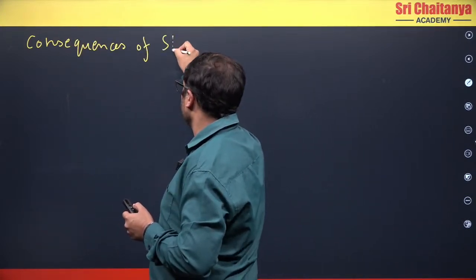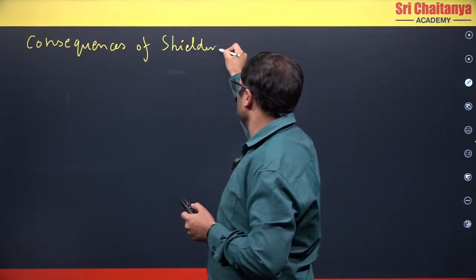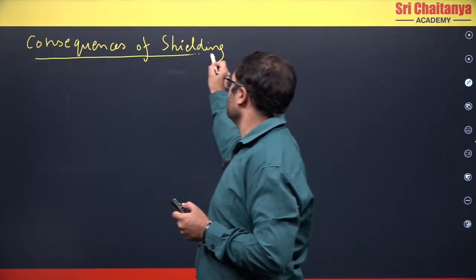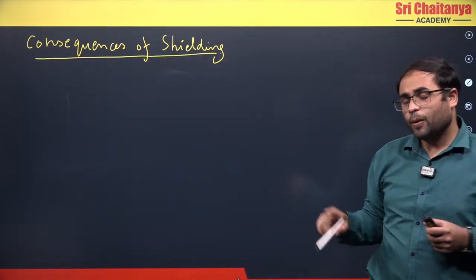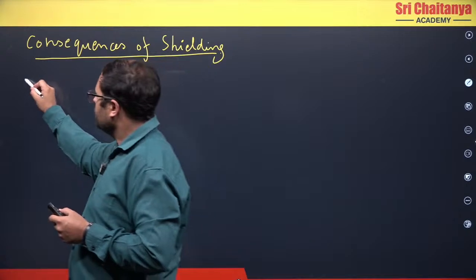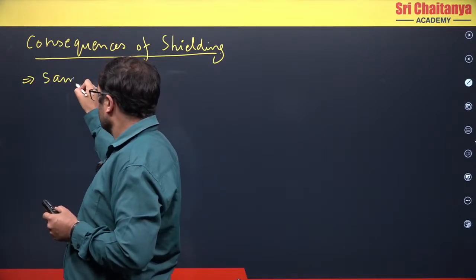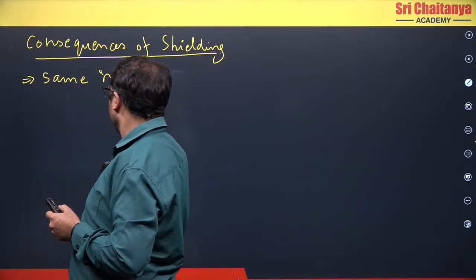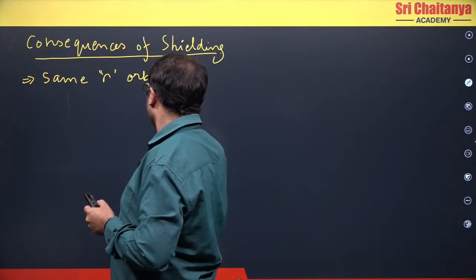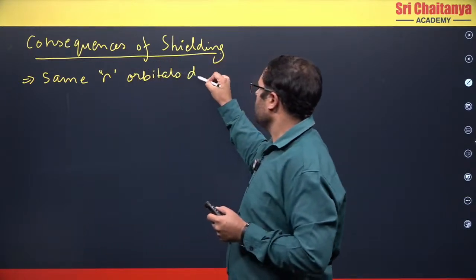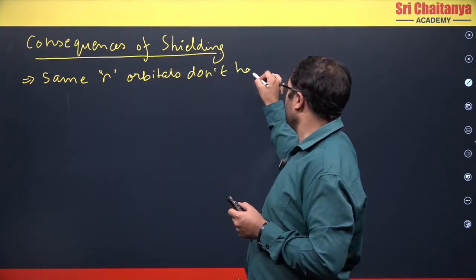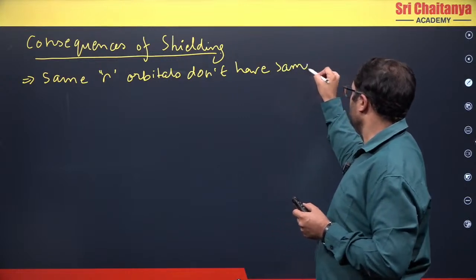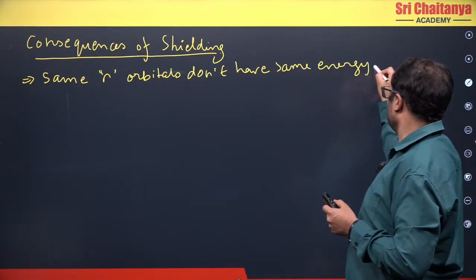Consequences of shielding: because of this shielding, orbitals of the same n don't have the same energy.